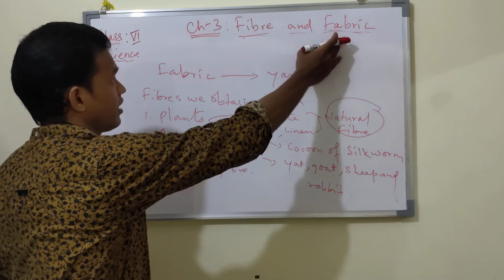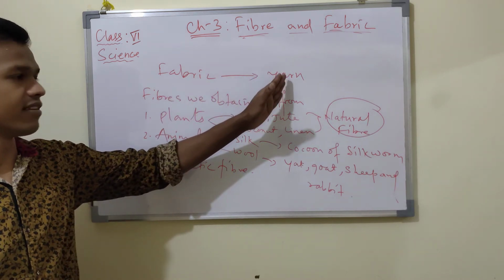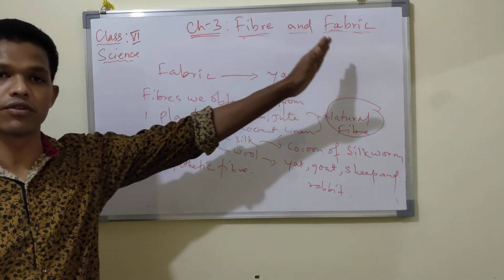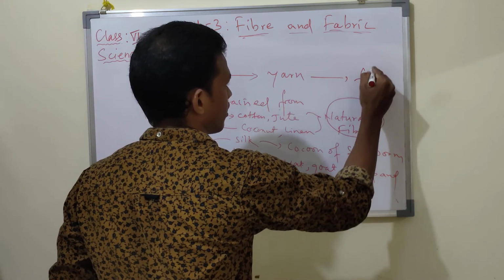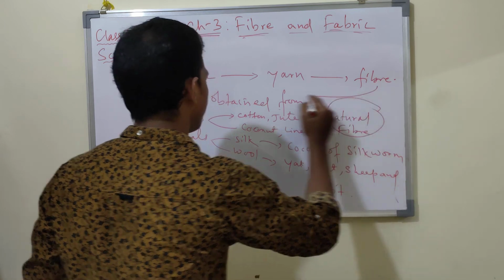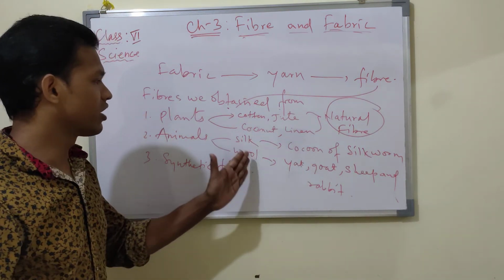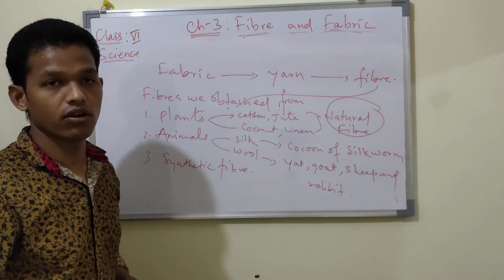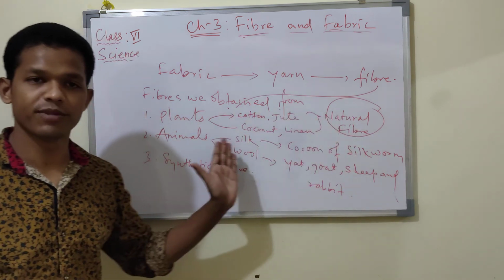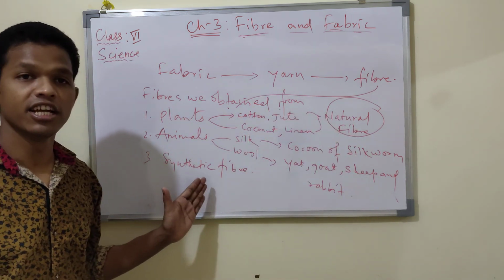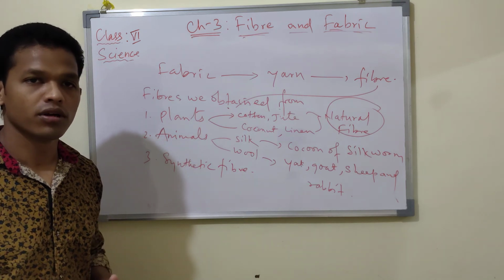Yarn is also made from different fiber. Fiber means cotton, jute, linen, coconut, silk, wool. These are all fibers we get from nature, from plants and animals, as well as chemically made, that is synthetic fiber, made by man.